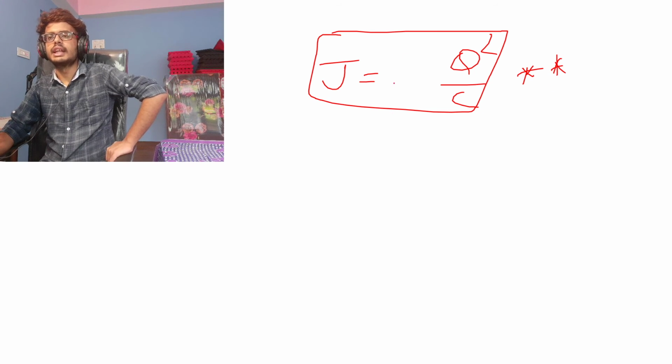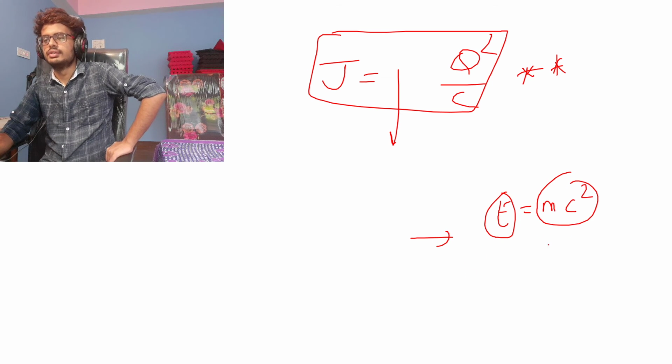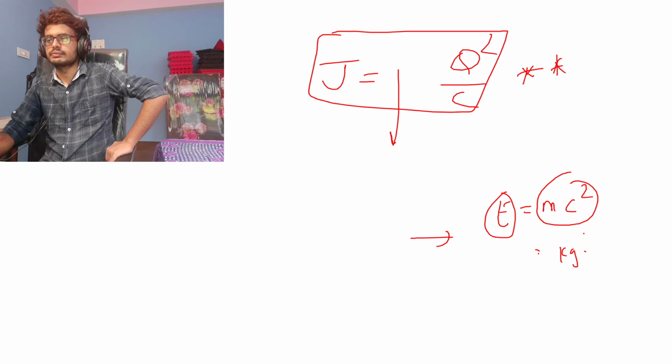So when you derive something, right, and you come to a final conclusion, let's say E equal to mc squared, will the unit of this match the unit of this? Unit of mass is kilogram, unit of velocity is meter per second, but it is squared. So it is kilogram meter square per second square.